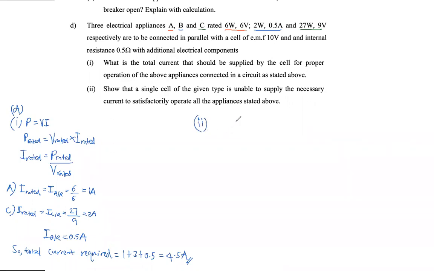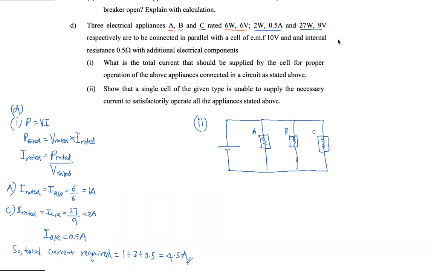Now if you go to that circuit, let's connect the circuit and all the appliances. Appliance A, then you have appliance B, and finally C. When they say appliances, we can consider them as normal resistors.